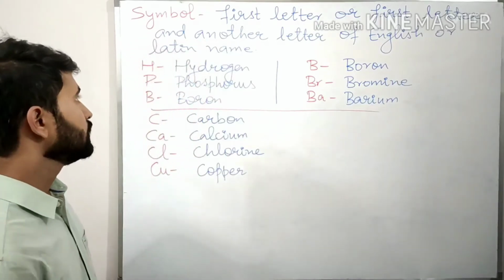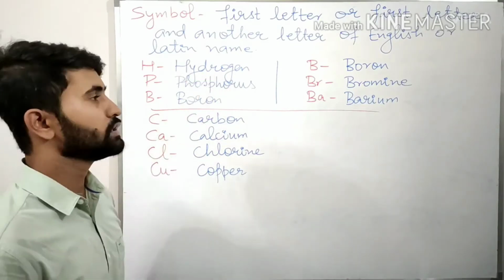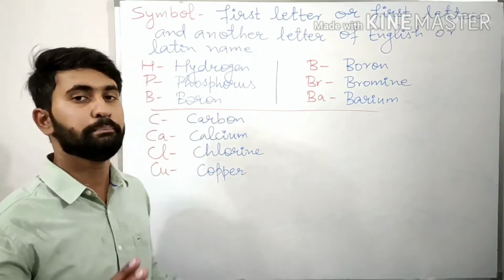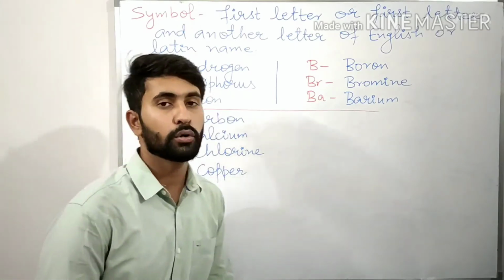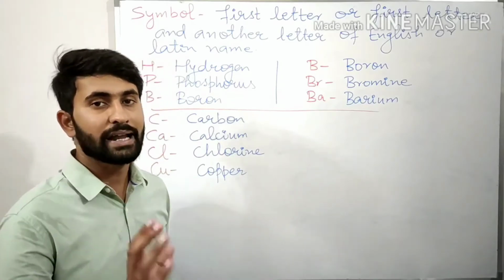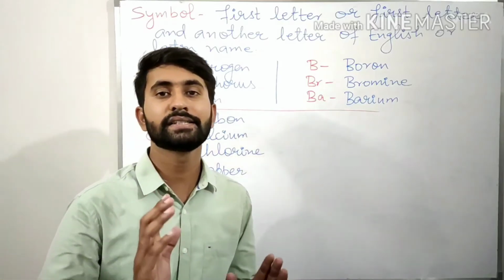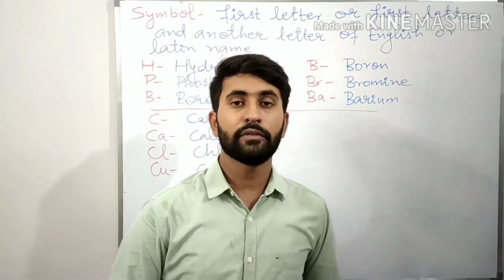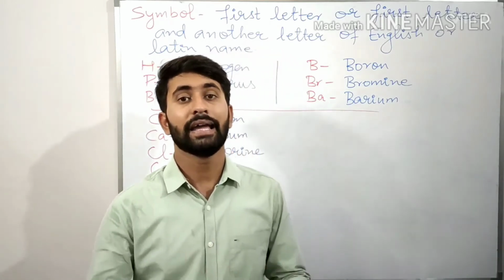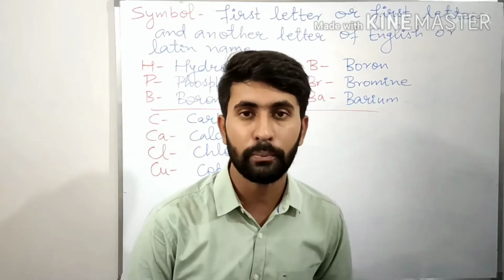For example, the symbol H is used for hydrogen, P is used for phosphorus, and B is used for boron. So in these 3 cases, the first letter of the name of the element is used as its symbol. Now the names of some elements begin with the same letter, like boron, barium and bromine.